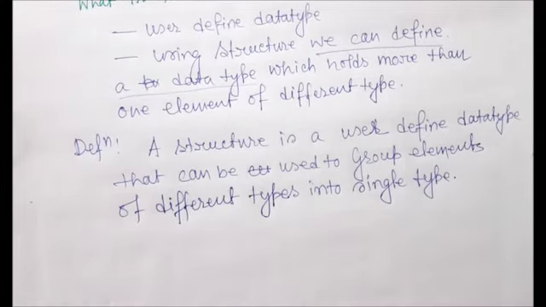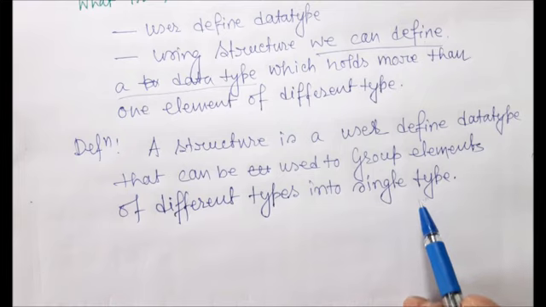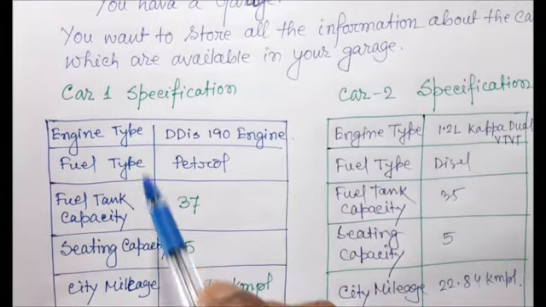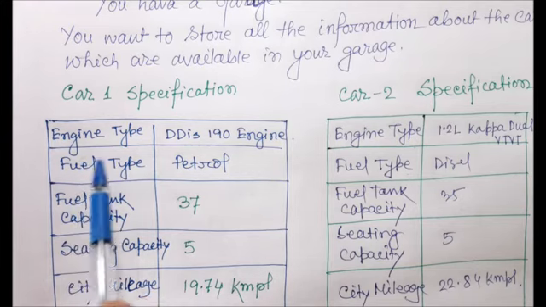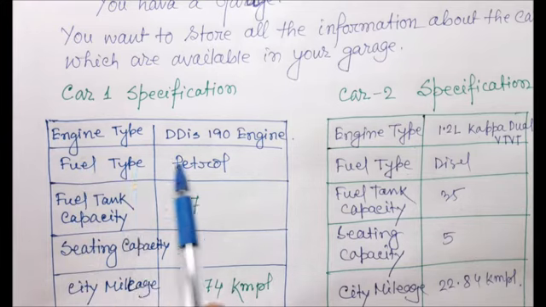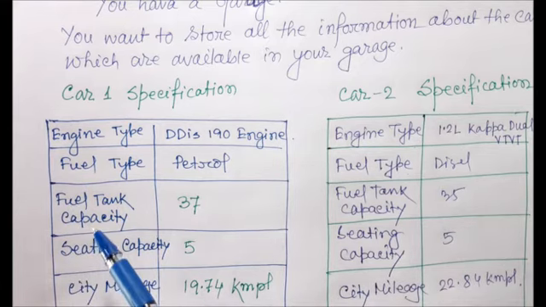So, structure is a user defined data type that can be used to group elements of different types into a single type. So, look at my first example. Here, without structure, we are using different data types: engine type, fuel type is another data type, fuel tank capacity another integer type, seating capacity integer data type, city mileage float data type.